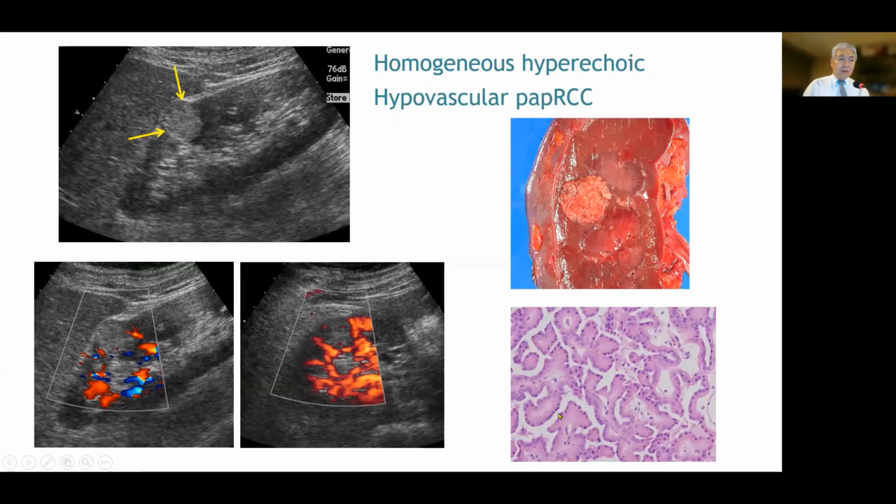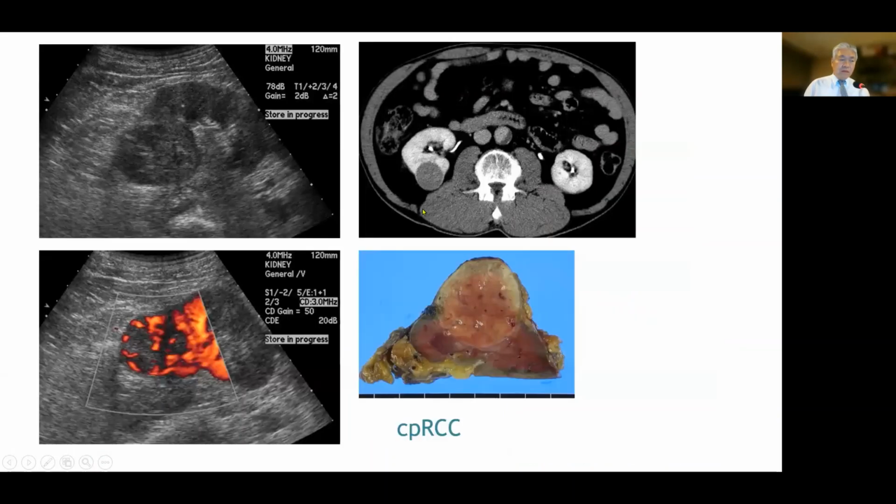The papillary architecture of the tumor causes this homogeneous hyperechogenicity. And this is an example of chromophobe renal cell carcinoma that has intermediate vascularity at Doppler ultrasound and intermediate enhancement at CT.